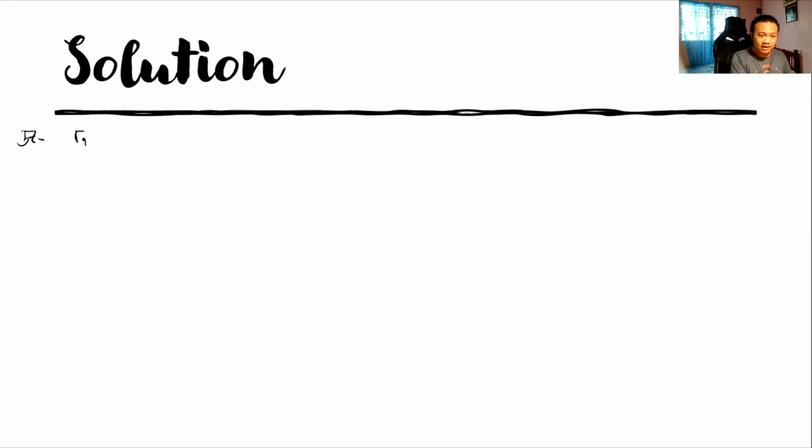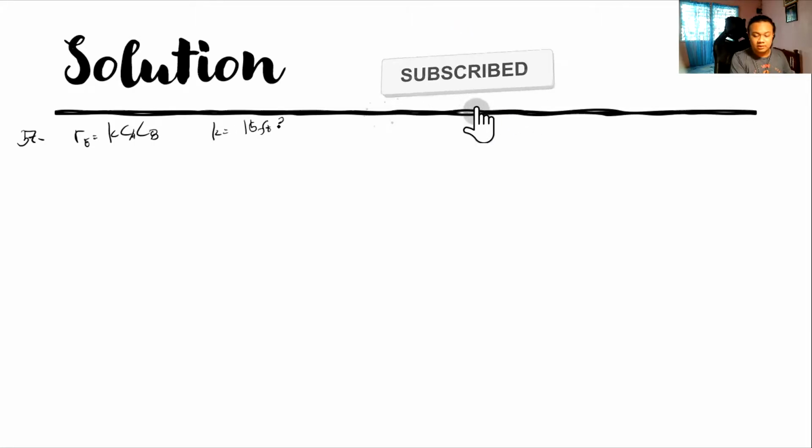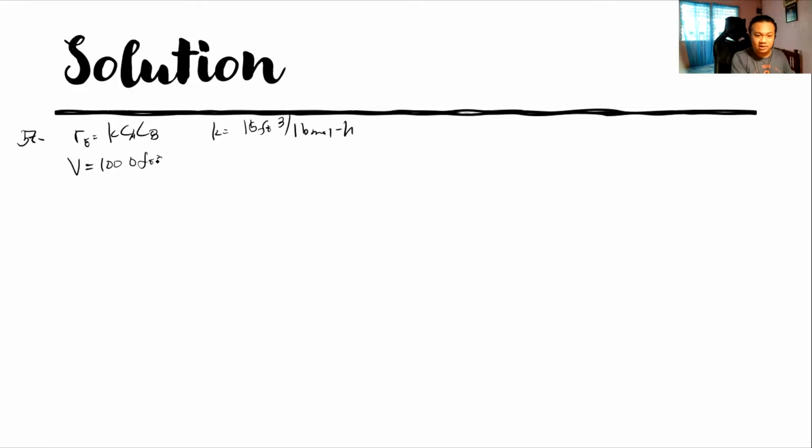We have RE, K, Ca, then Cb, diba? Then we are also given the K. Stick with me, guys, because this is a really fun problem. So we have 1,000 cubic feet, and then we have the volumetric flow rate. So let's just name that as V0.